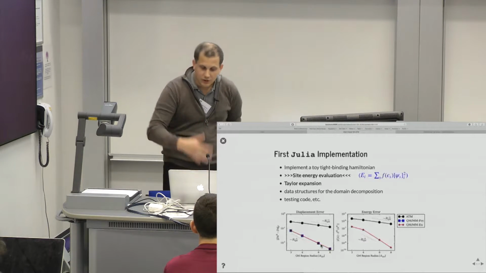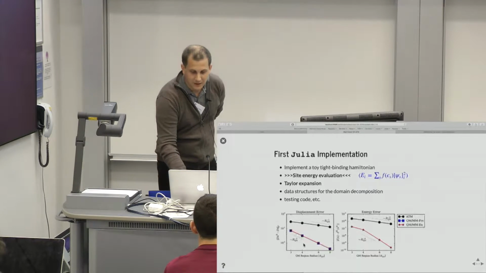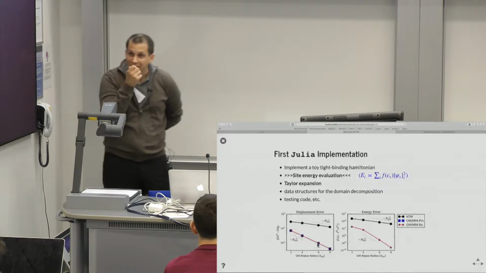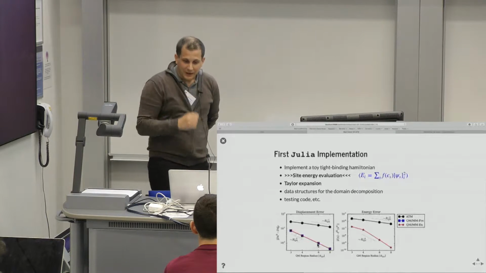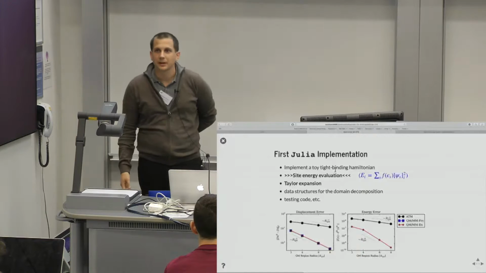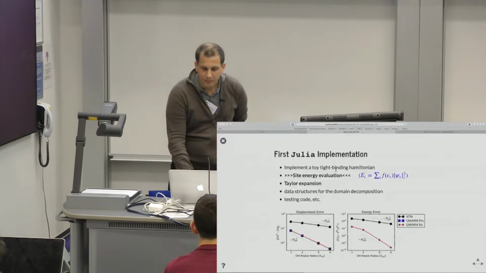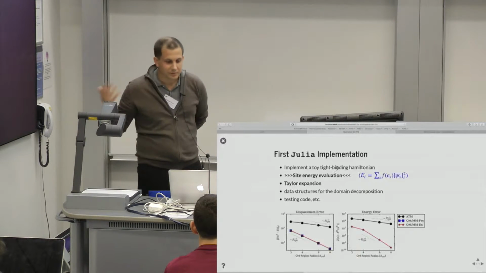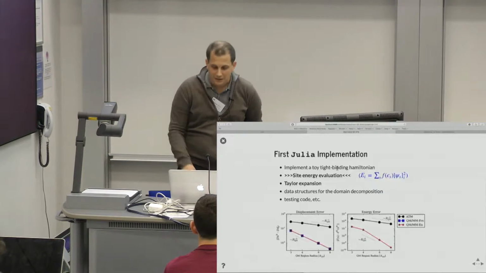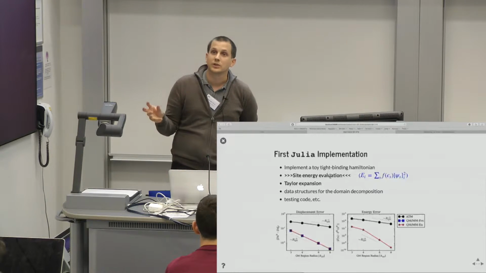In implementing this little graph, that was actually the first Julia code I wrote. And I didn't do this for a real quantum chemistry model. That was way too ambitious. So I implemented a toy Hamiltonian. I just made something up that looked vaguely right, and then the hard part was to implement these site energies.